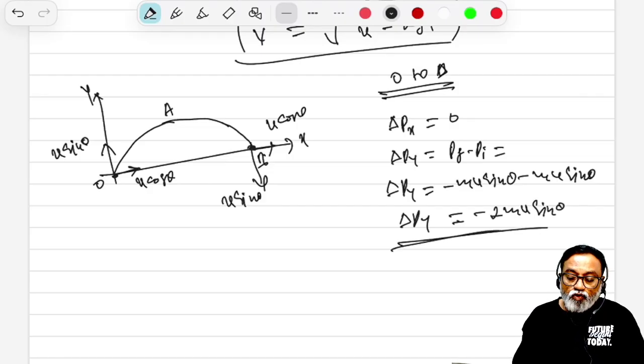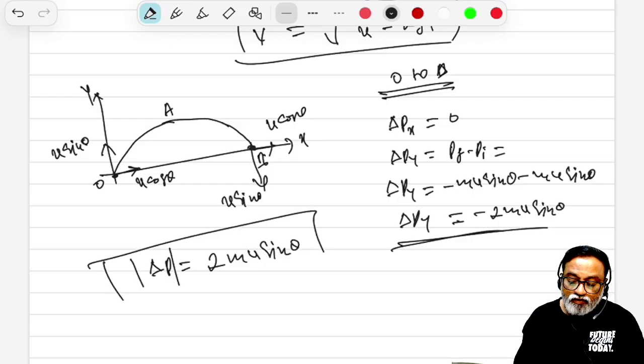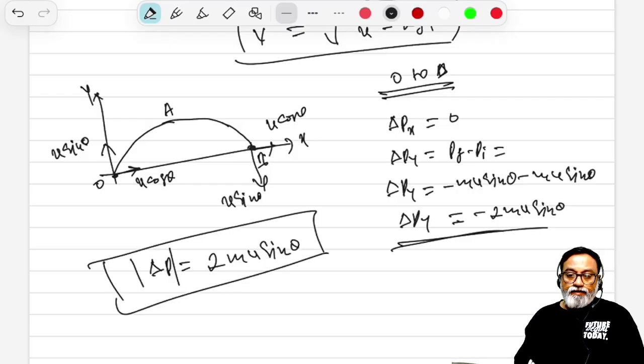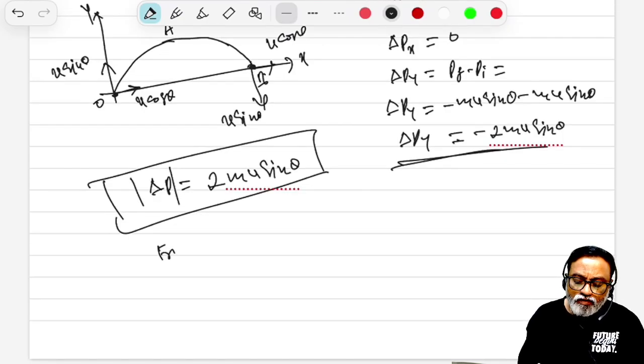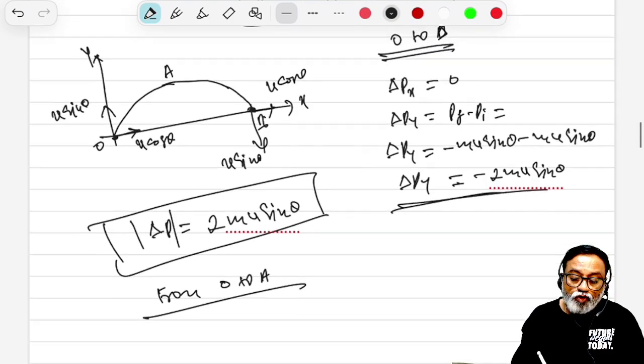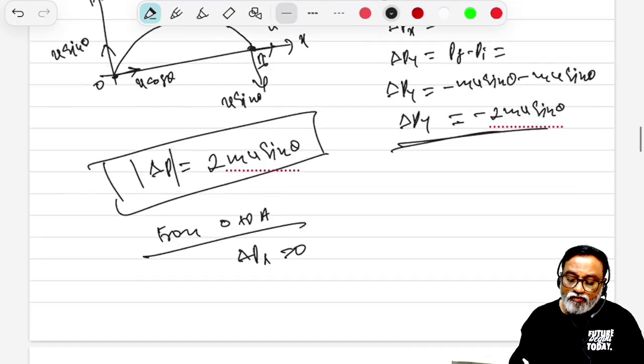Therefore, from O to A, change in momentum, magnitude, is 2mu sin theta. But from O to A, here also delta px is equal to 0.